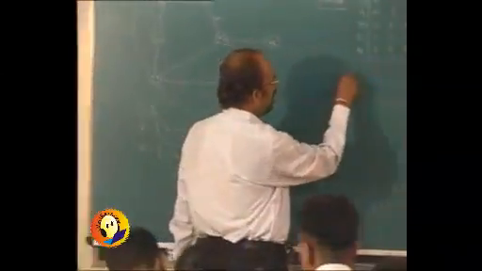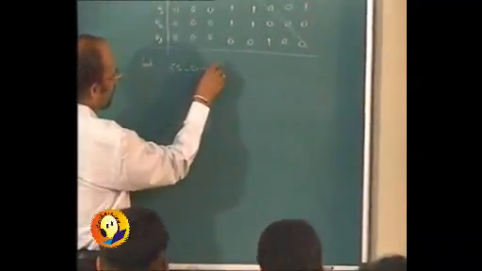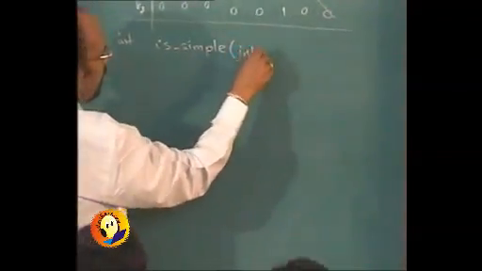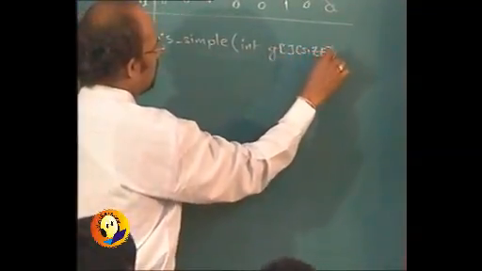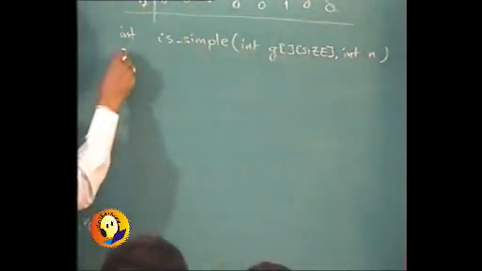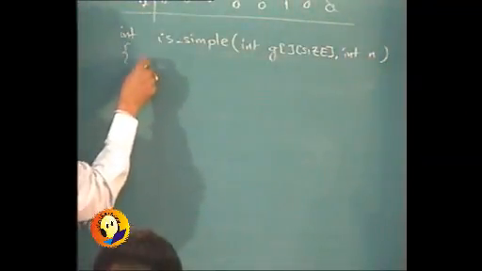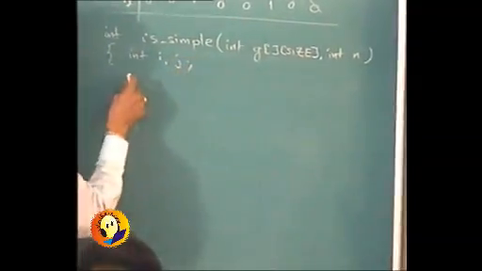It is int is simple, to which I will be passing the matrix G, the adjacency matrix, and the number of vertices n. It is int i, j.